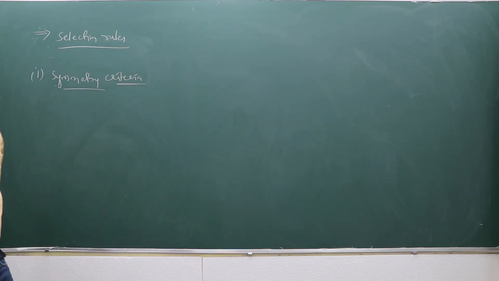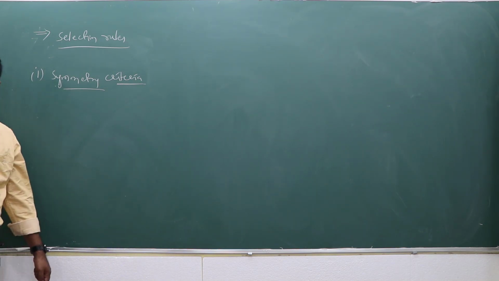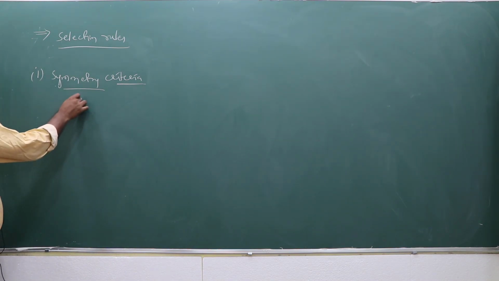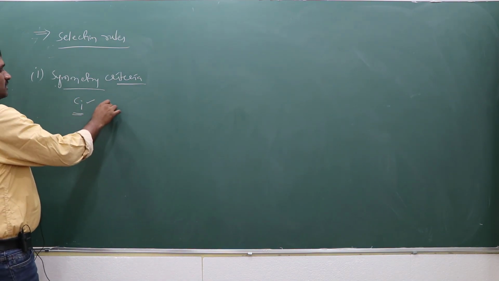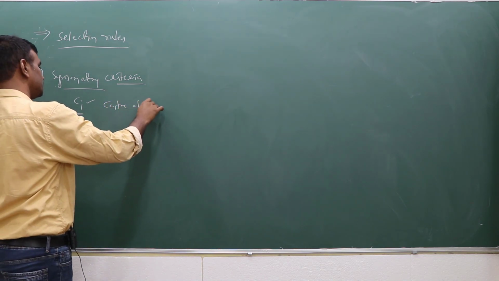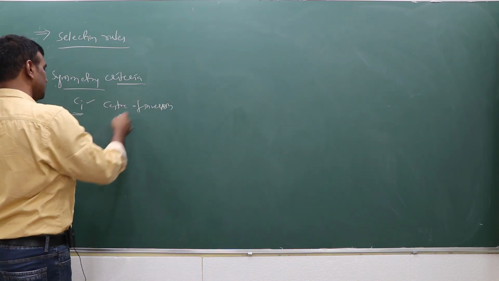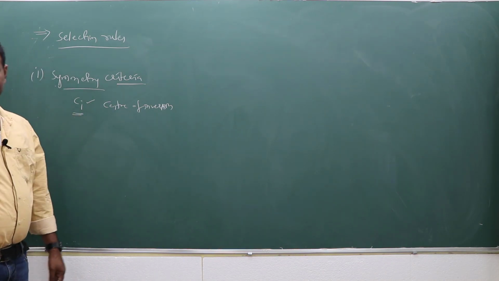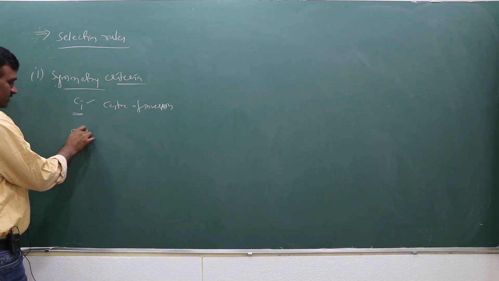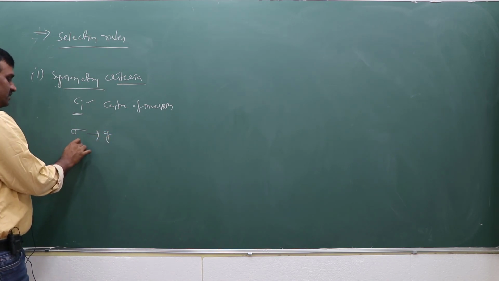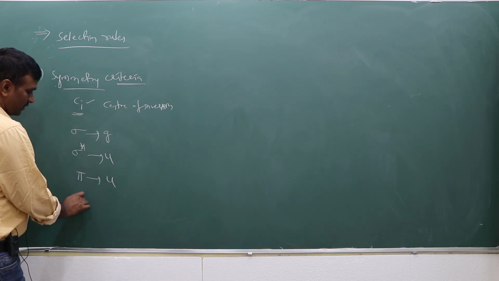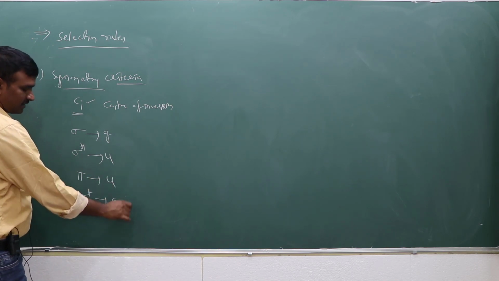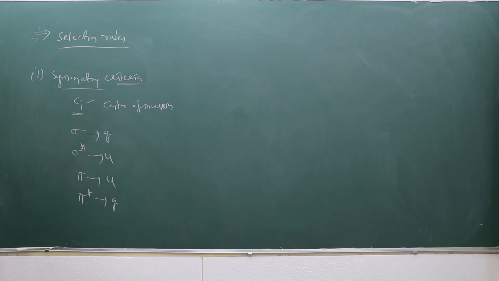Before I explain, consider the center of inversion, or inversion center, with gerade and ungerade. We know that sigma orbitals are gerade and sigma star is ungerade. Pi is ungerade. Pi star is gerade, based on the center of inversion.